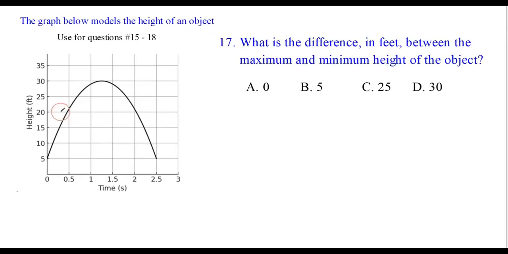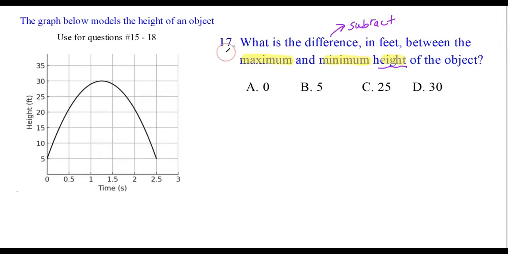Question 17, again referring to this graph. What is the difference in feet between the maximum and minimum height of the object? So for this particular problem, I need to find the maximum height and the minimum height of the object, and then I'm going to subtract those two numbers because difference implies subtract.